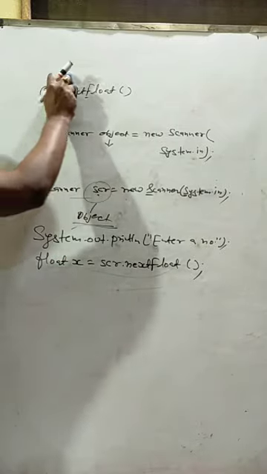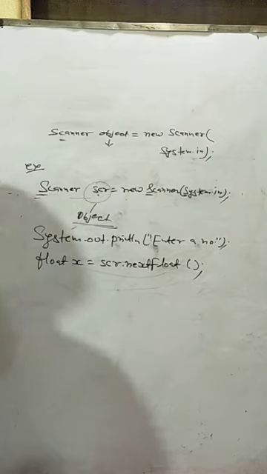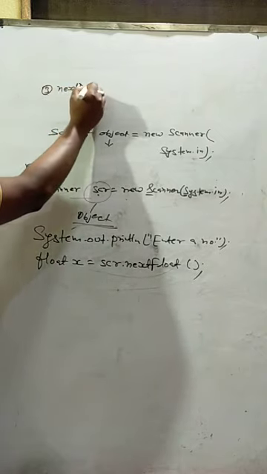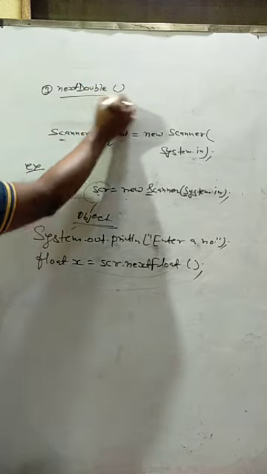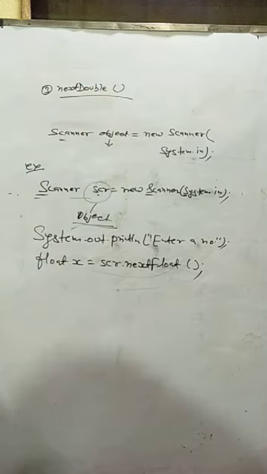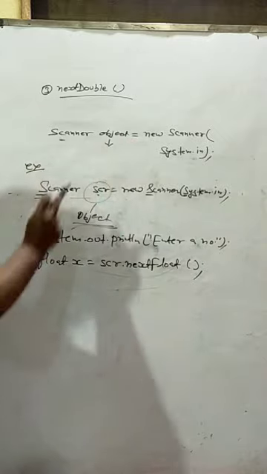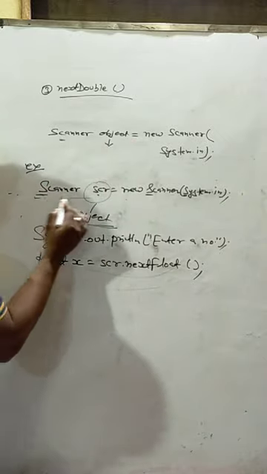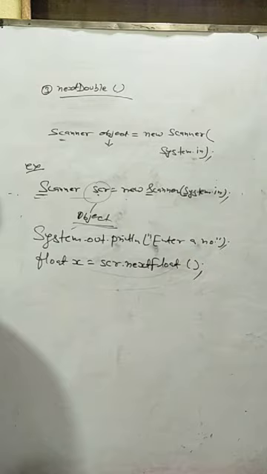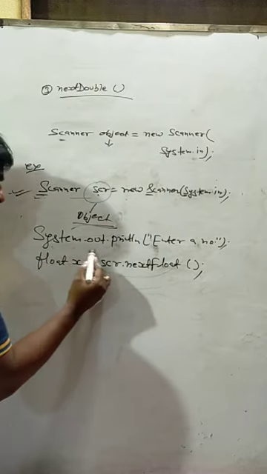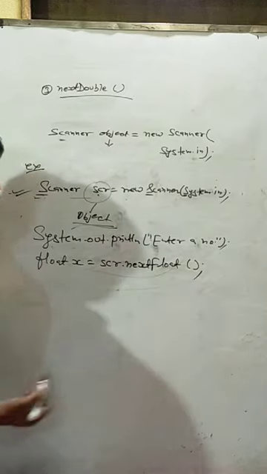Next is nextDouble, the third one. nextDouble is used to input a double type value. For that we create a scanner object in the same way: Scanner scr = new Scanner(System.in). This is the first line that we have to write. Then we give a prompt to the user, System.out.println("Enter a number").